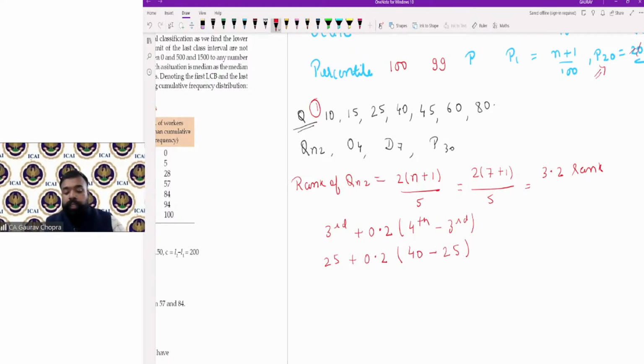It is 25 plus 0.2 into 15. 15 into 0.2 is 3, so it will be 28. So the correct answer is 28. Bhumika Saini has given the correct answer, 28.